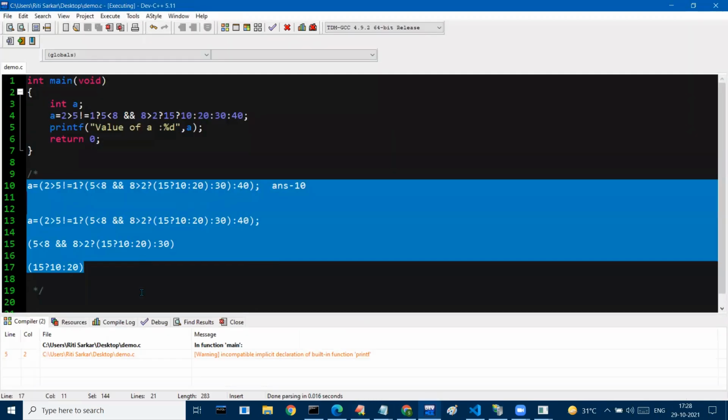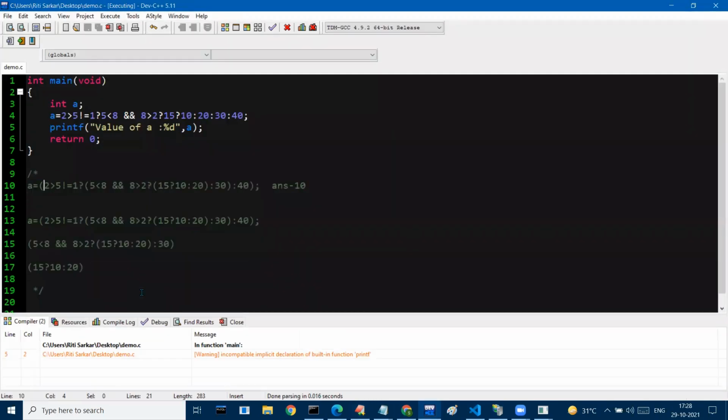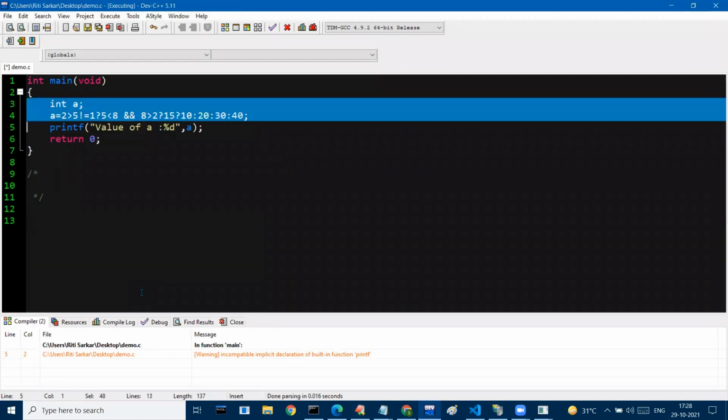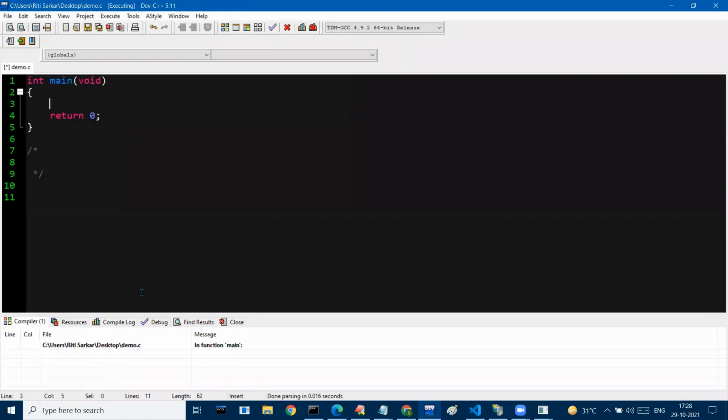Suppose, for example, first let us start with positive numbers. Suppose, for example, here I'm writing printf 5, this is called the left shift operator. Currently we are discussing the bitwise operators. How many bitwise operators are there? So many are there.